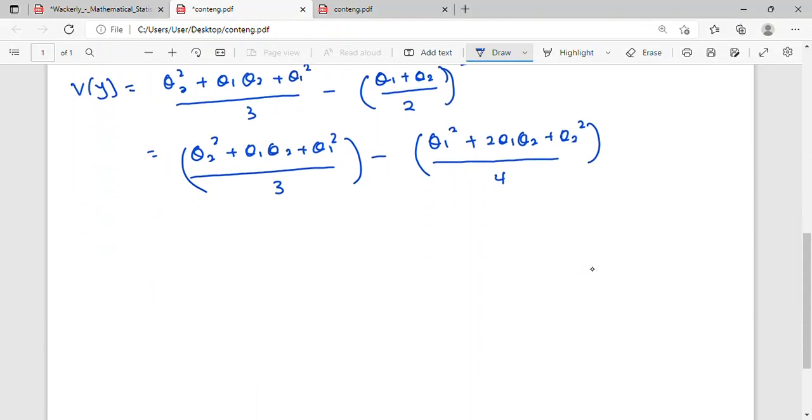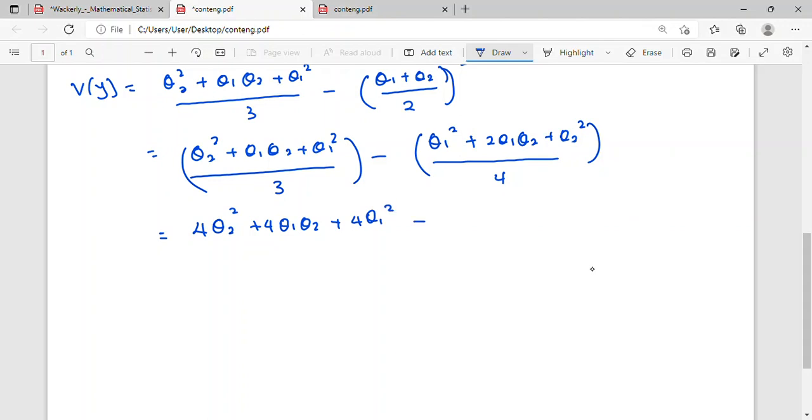Right, so we multiply all this dengan 4, right? So akan jadi 4 theta 2 square plus 4 theta 1 theta 2 plus 4 theta 1 square, right?